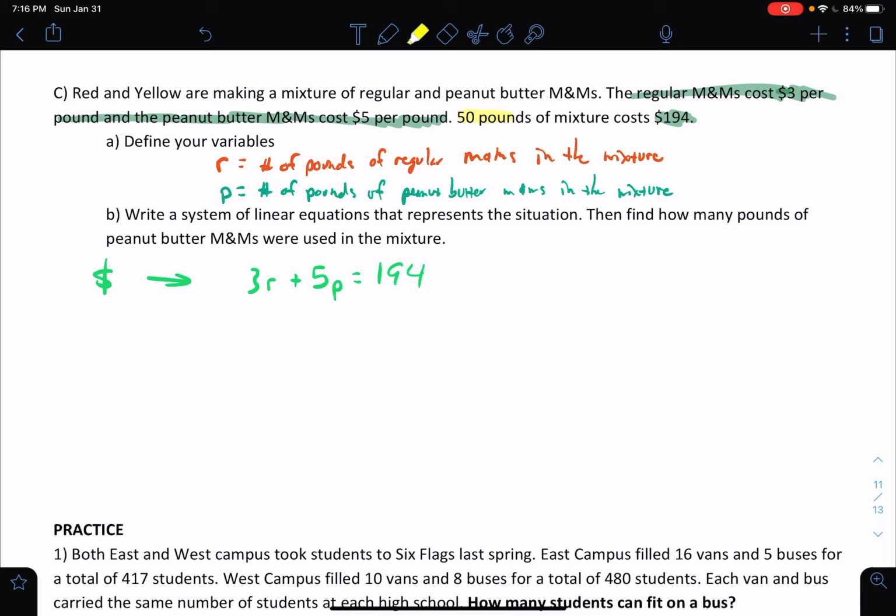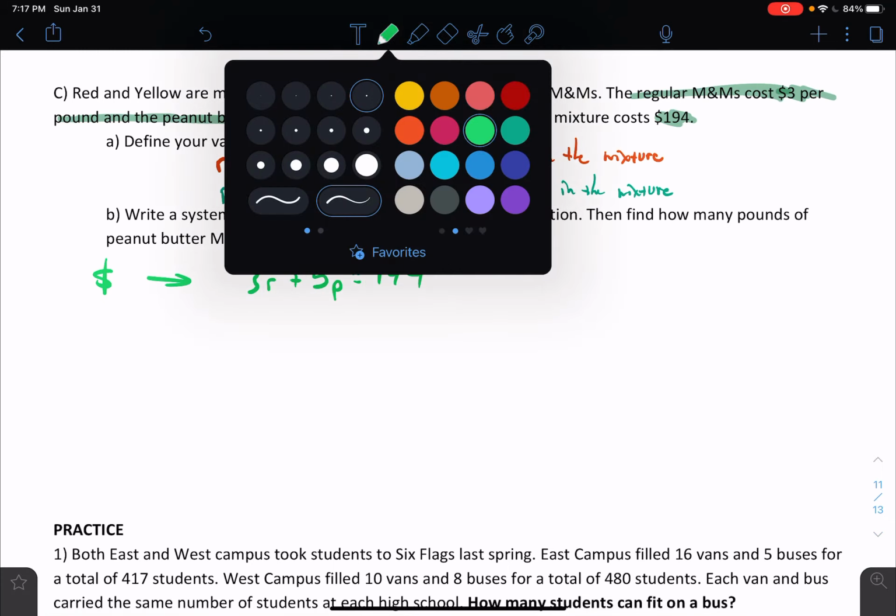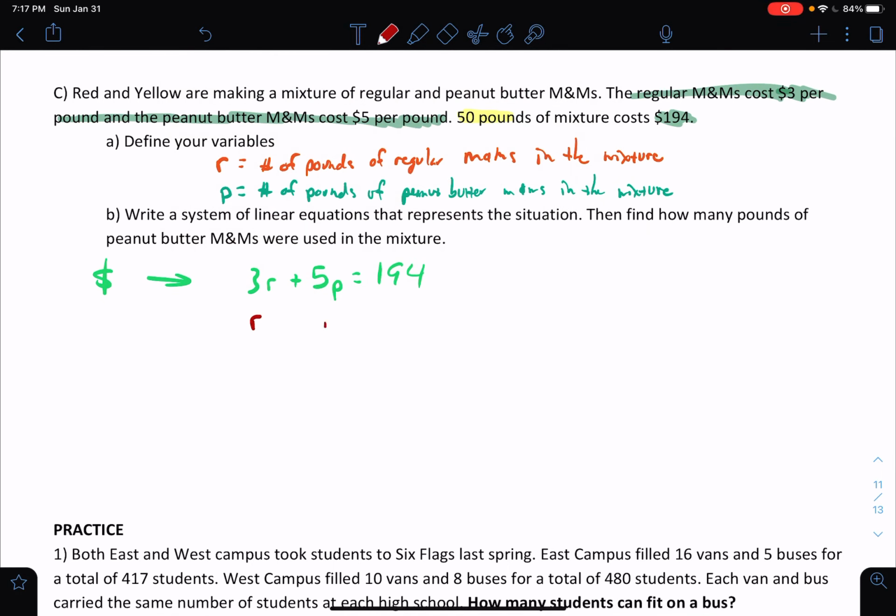This mixture is comprised of regular M&Ms, which is R, and peanut butter M&Ms, which is P. So if I take the pounds of regular M&Ms, which is R, and the number of pounds of peanut butter M&Ms, which is P, if I add those two together, that's going to equal the total pounds in the mixture. So this equation right here deals with the total pounds.